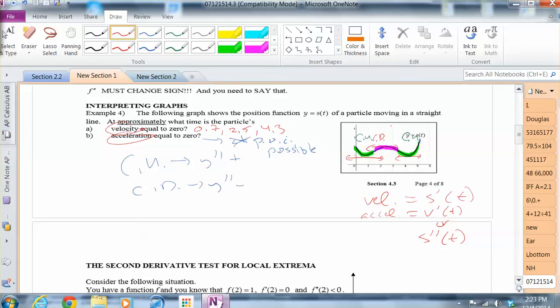So it seems that our points of inflection would probably happen right there and right there. If we were to ballpark where acceleration could be 0, I'd probably say about 1.5 and maybe about 3.5.